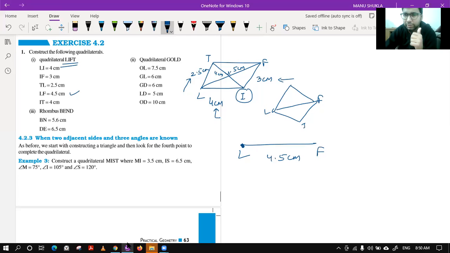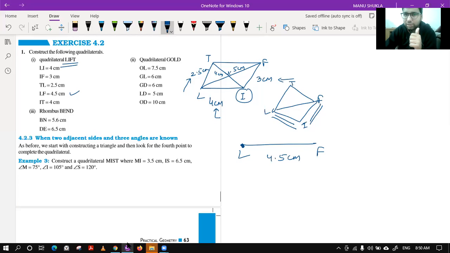So we should try to make this LI, because LI is how much? 4 centimeter. You can see, class, please confirm. The next arc should be of LI or LT. Which one is better for you right now? We will go for LI and IF.